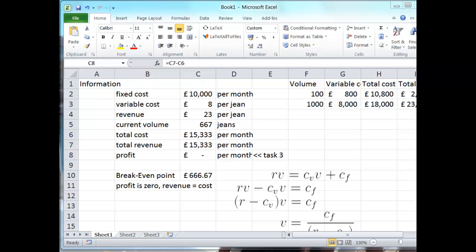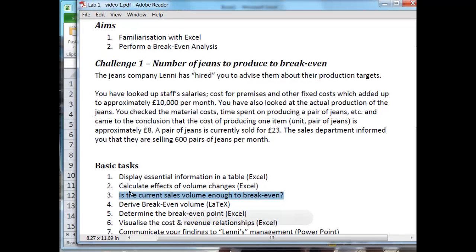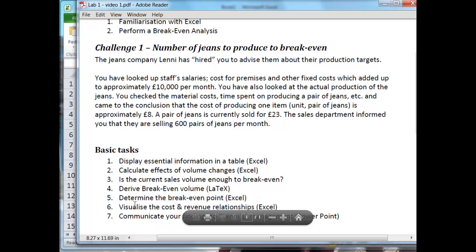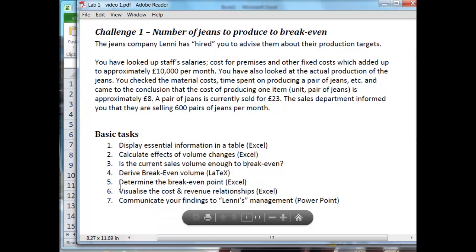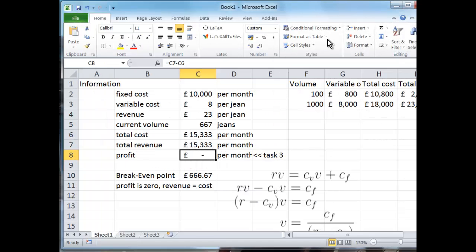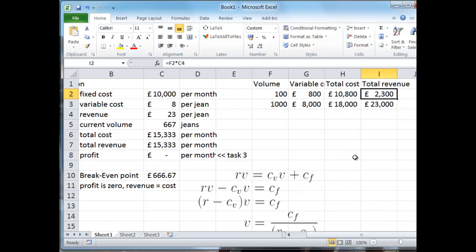So with that we have actually achieved now our task 4, derive the break-even point, and we determine the break-even point volume. The next one is to visualize the cost and revenue relationships. Alright, so we have got here already a couple of points, so it would be nice to actually visualize that immediately in a graph.